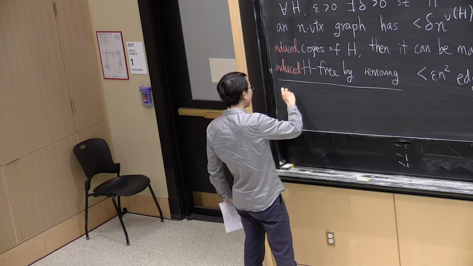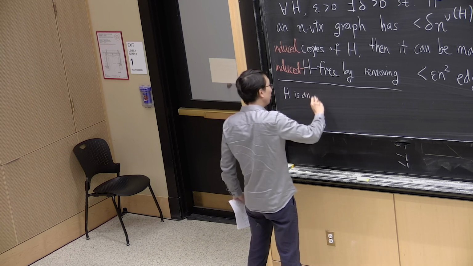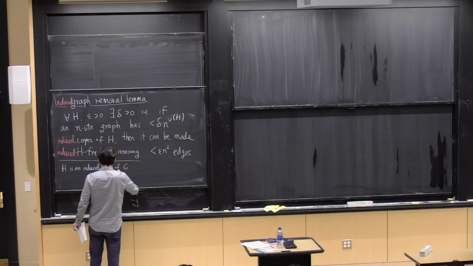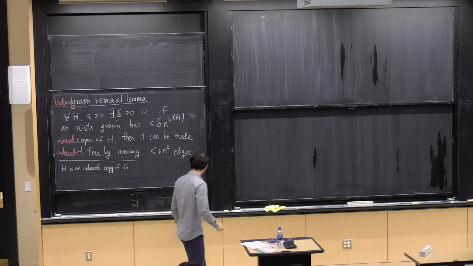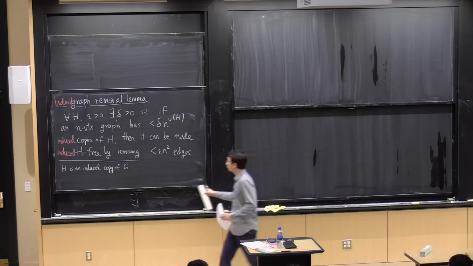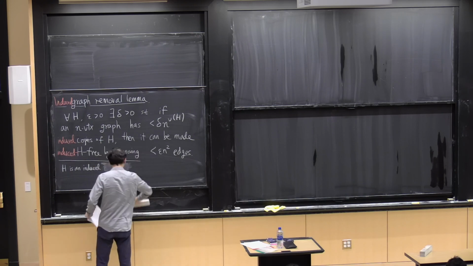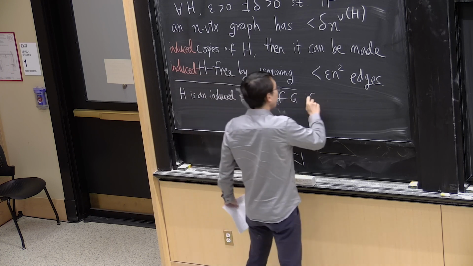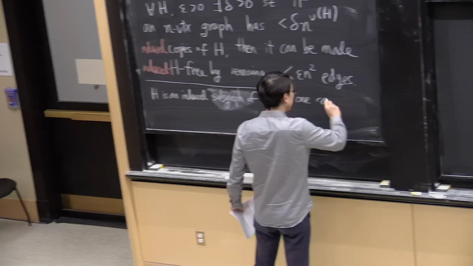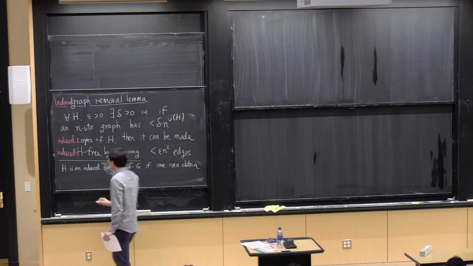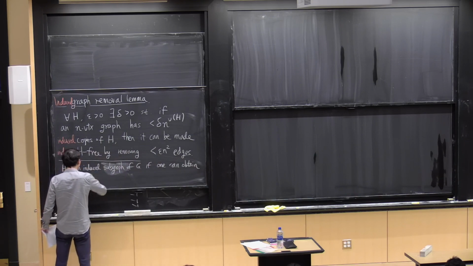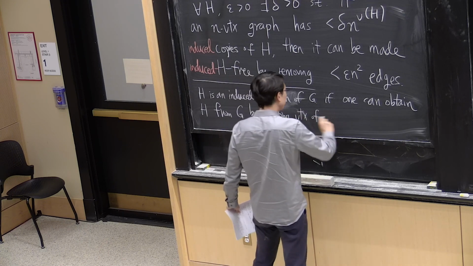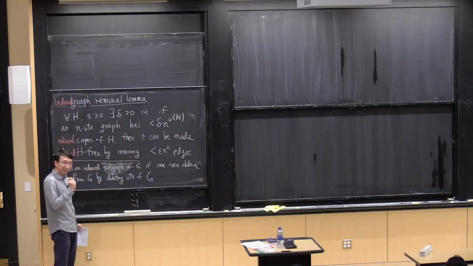We say that H is an induced subgraph of G if one can obtain H from G by deleting vertices of G. So you're not allowed to delete edges, only allowed to delete vertices.